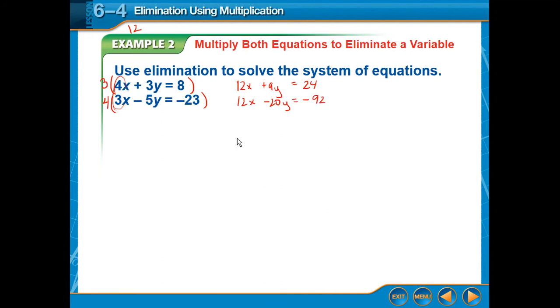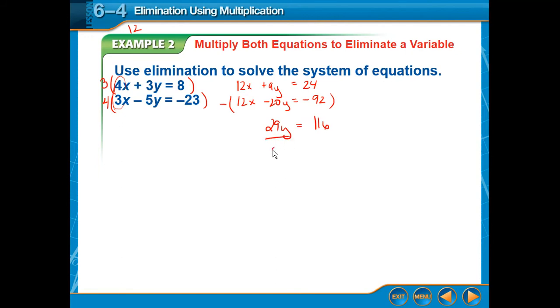Now I have the same coefficients on the x's, so in order for them to cancel, I'm going to subtract these equations. 12x minus 12x is 0. 9y minus a negative 20y is 9y plus 20y, so it's 29y. And 24 minus a negative 92 is 24 plus 92, and that is 116.